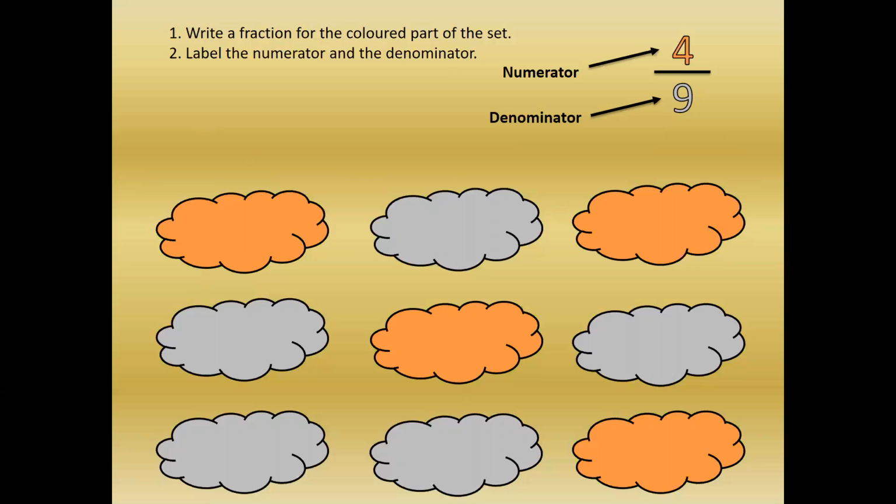If you were to stack things on top of each other, you normally put the smaller one at the top and the bigger one at the bottom. That way it's sturdy. So the same for the numerator and denominator. The smaller word goes for the top of the fraction and the bigger word goes for the bottom of the fraction. So numerator's the top, denominator's the bottom.